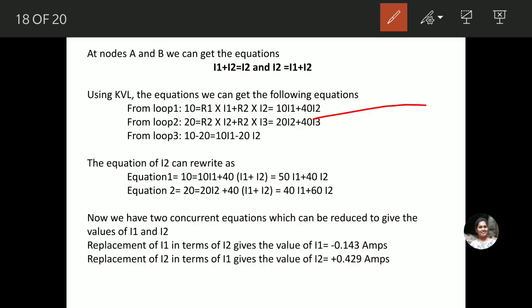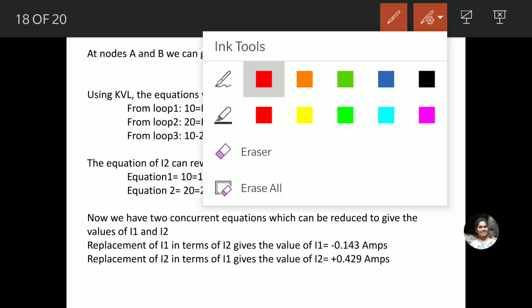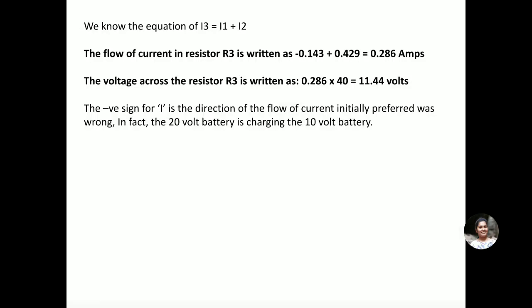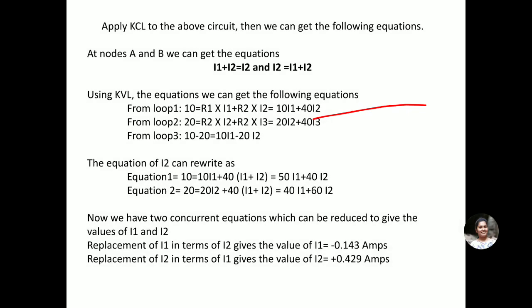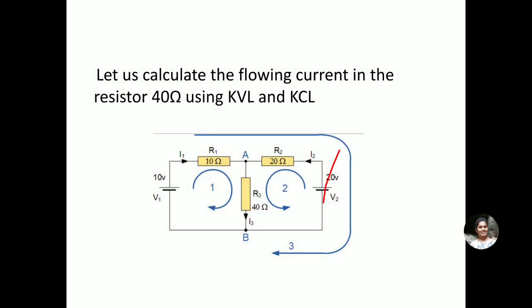So here we have calculated the value of I1 and I2, which is nothing but I1 is minus 0.143 and I2 is 0.429. Now we are calculating the value of I3.